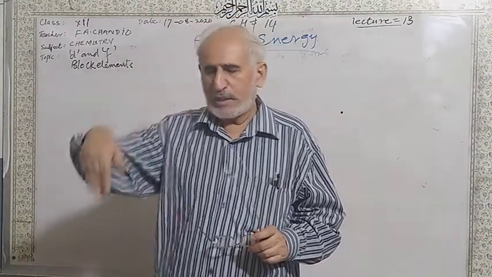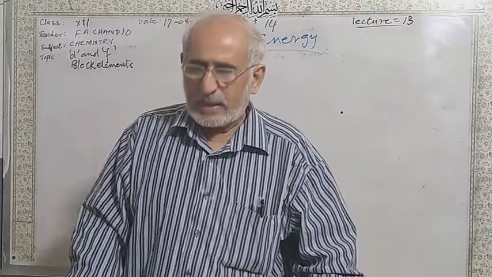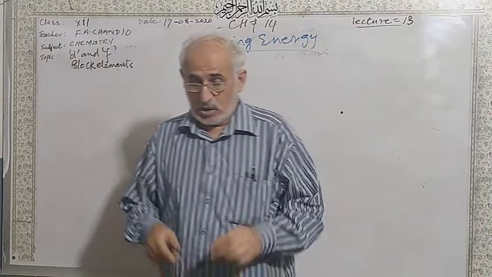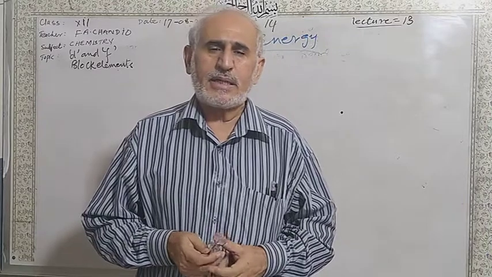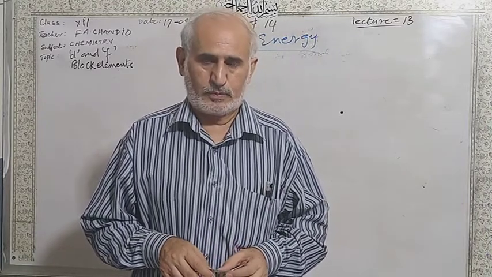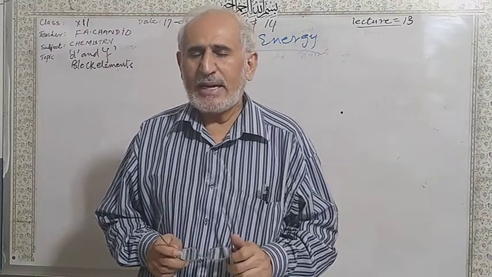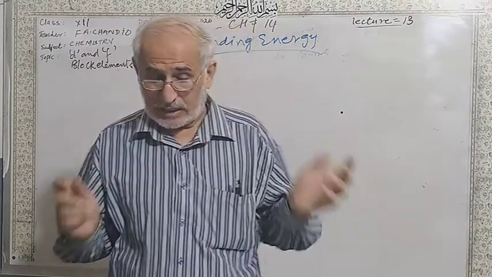Then it is going to decrease up to mercury because it has a paired electron, same as zinc. So mercury is a metal, but it is in liquid form. It is in the liquid state. So binding energies are very weak in mercury, as you are seeing in the graph.